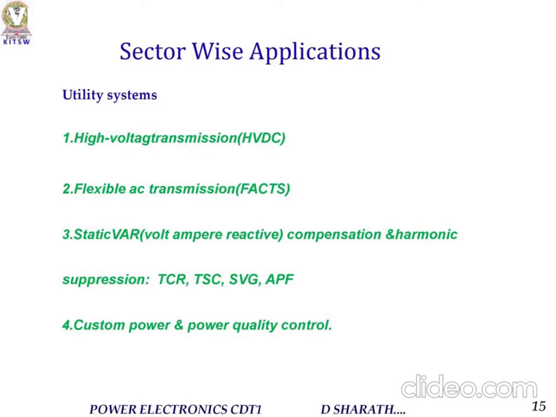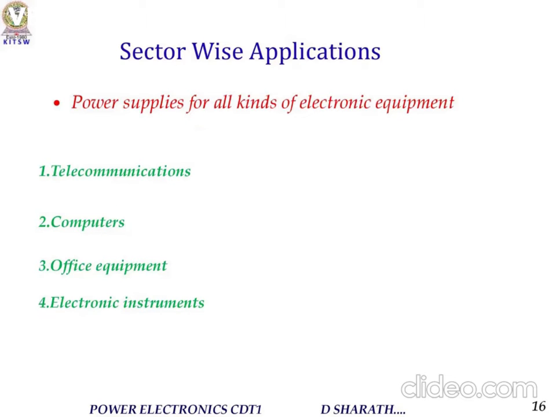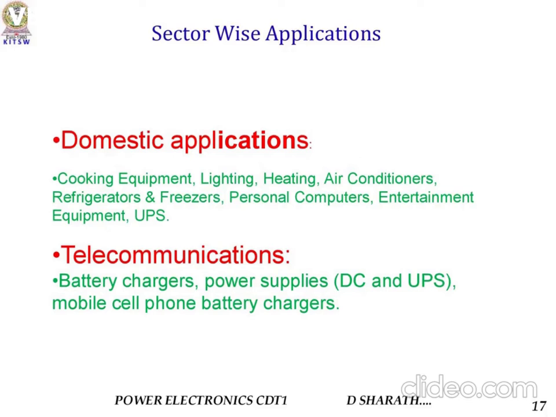And coming to the next application, power electronic devices are used to supply various electronic equipment, that is telecommunication equipment, computers, office equipment, and electronic instruments. In domestic use, we use power electronics in cooking equipment, lighting equipment, heating and air conditioners, personal computers, and UPS.